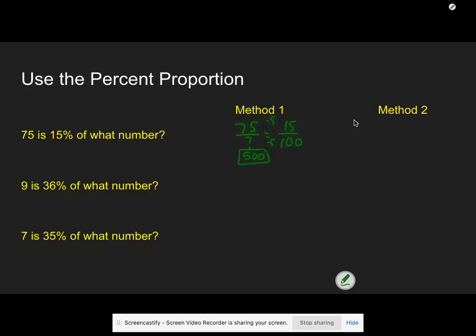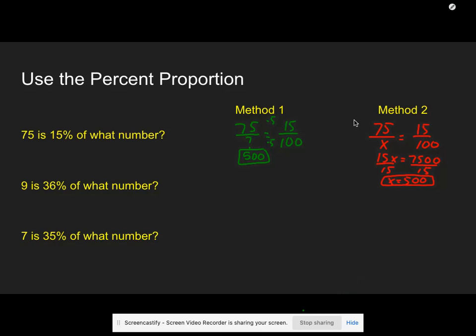Now, if I do the same problem, 75 over x equals 15 over 100. 15x equals 7,500 divided by 15. I end up with x equals 500. And so then that ends up being my final answer.